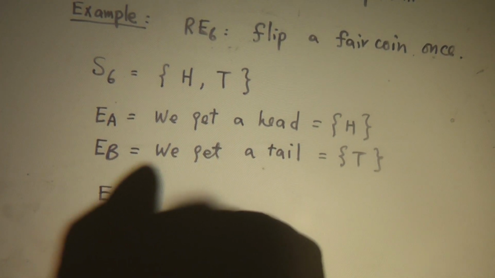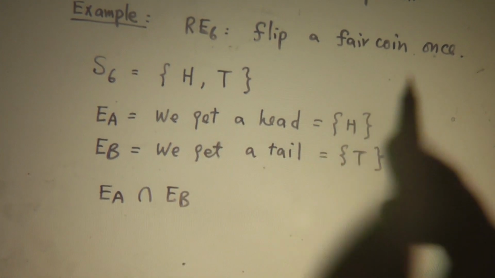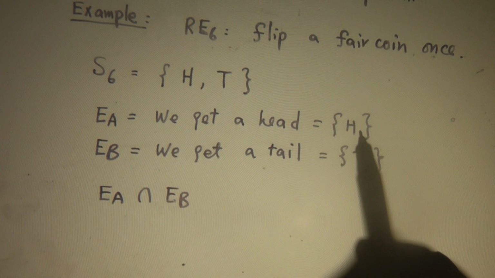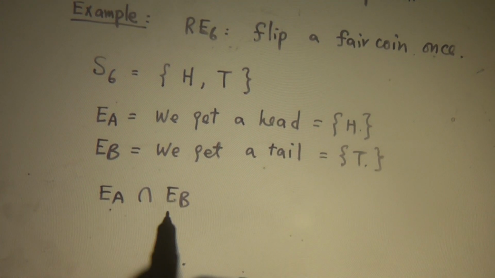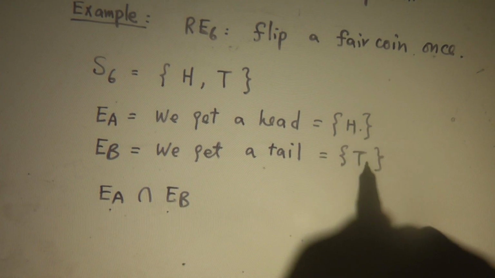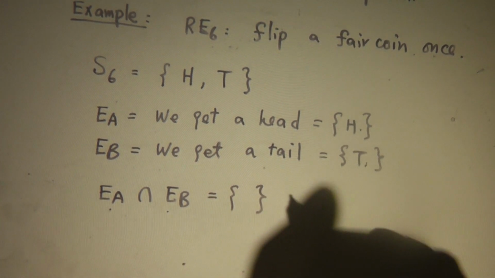Now next one. We know E_A and E_B. E_A is the event that we see a head. E_B is the event that we see a tail. Do they share anything in common? Head and tail. No, they don't share anything in common.